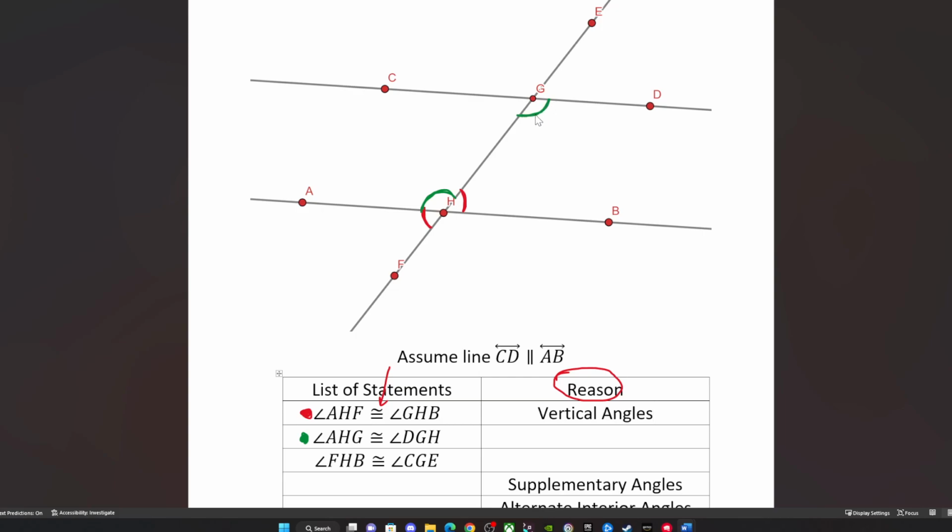So let's take a look at these angles. Now, they're not across from each other anymore. We know they are interior angles, and this one right here is on the right side, and this one right here is on the left. So these would be called alternate interior angles because they're inside.